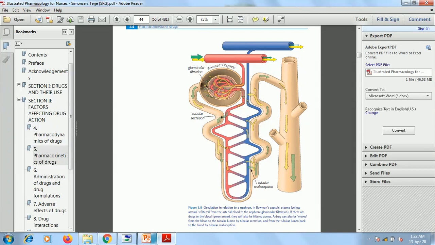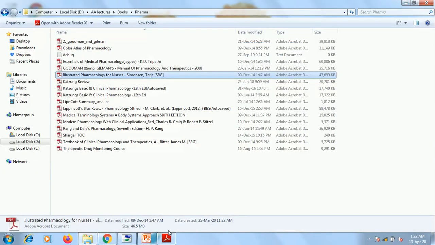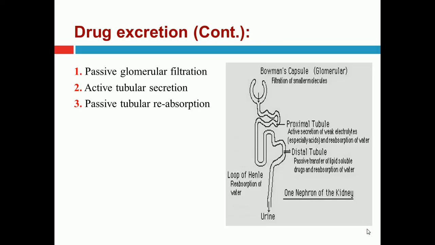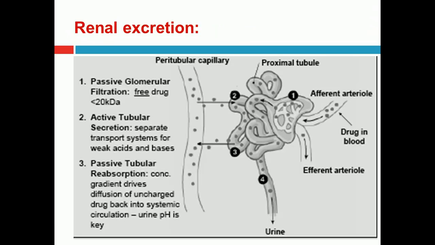So glomerular filtration, tubular secretion, and tubular reabsorption. There are three processes, and these processes govern the process of drug excretion.